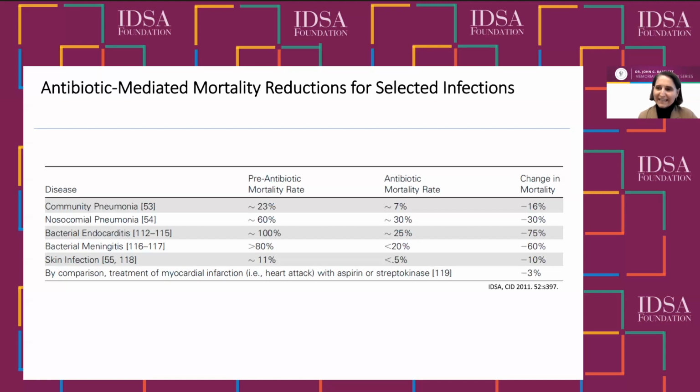Bacterial endocarditis has about a 100% mortality if you don't treat with antibiotics, down to 25% with antibiotics. And even skin infections had about an 11% pre-antibiotic mortality rate, down to less than 0.5% with antibiotics. And by comparison, treatment of myocardial infarction with aspirin or streptokinase results in about a 3% change in mortality.